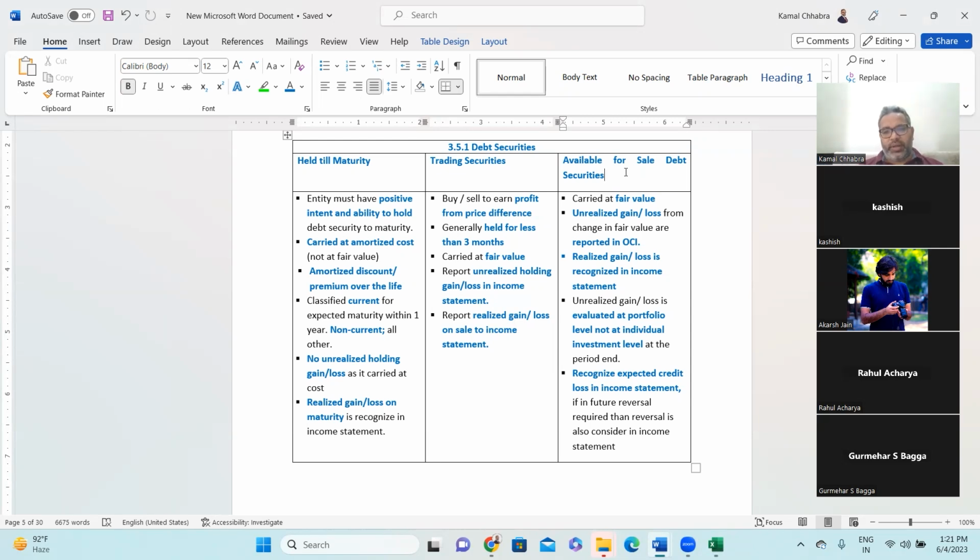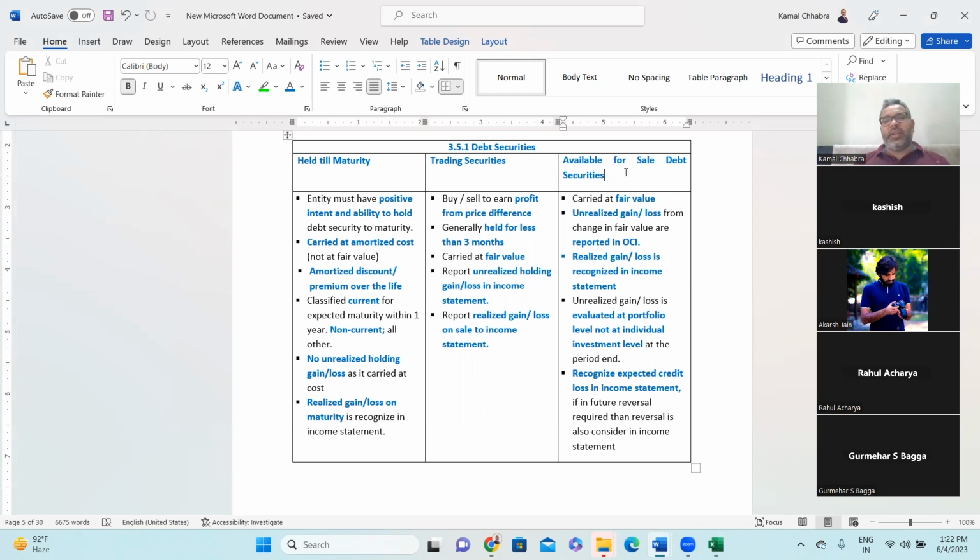When you classify a security as available for sale, that security was never a traded security, but it may be that initially you purchased it as held to maturity and now you are converting it to sale. Or initially you purchased it for trading purposes, but it has been more than 3 months and you are not able to sell it. Then you can reclassify it as available for sale security.